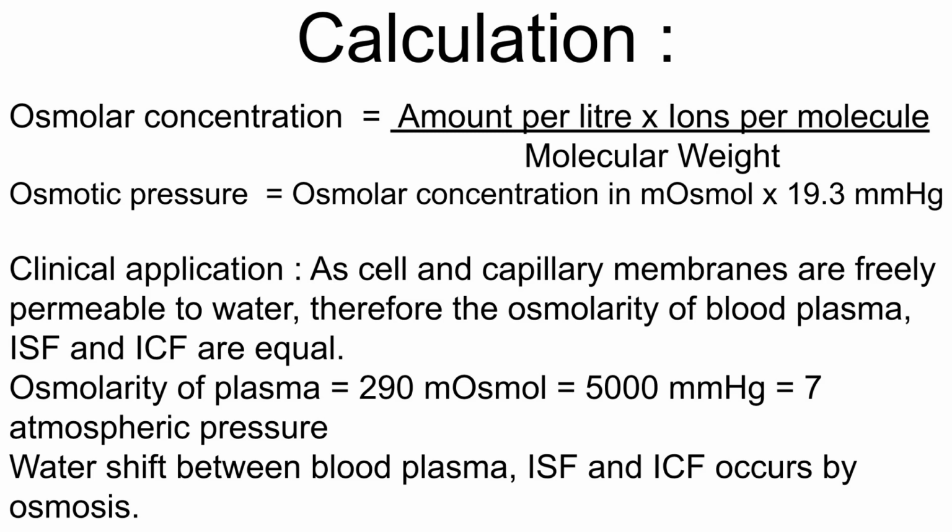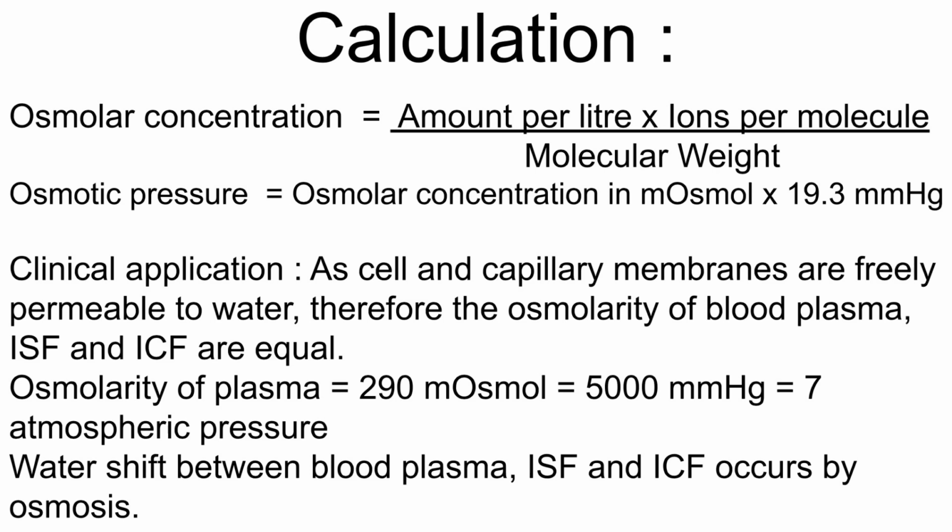Note, mole equals 1000 millimoles, as gram equals 1000 milligrams. 1 millimole gives osmotic pressure force of 19.3 millimeter mercury. So, multiply osmolar concentration in millimoles, not mole, by 19.3 millimeter mercury.